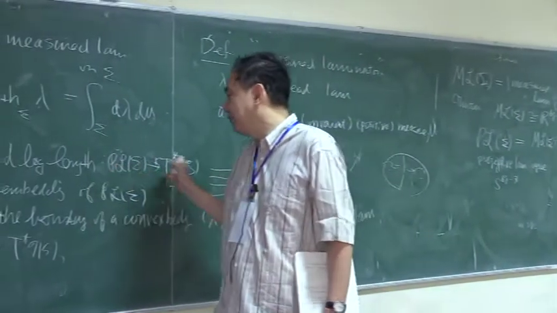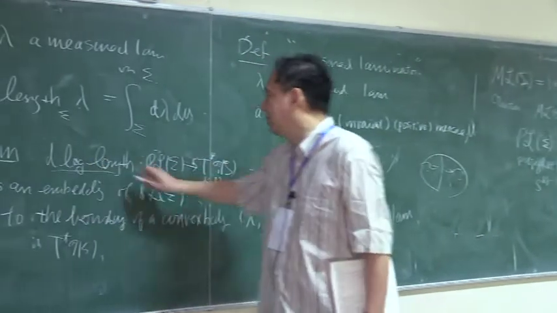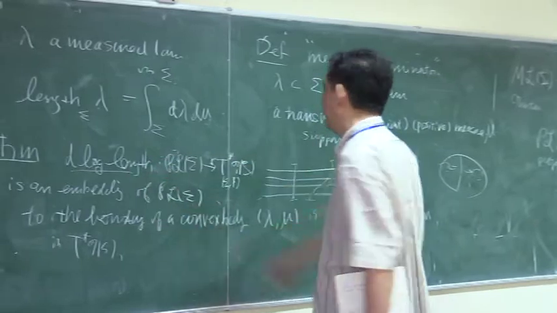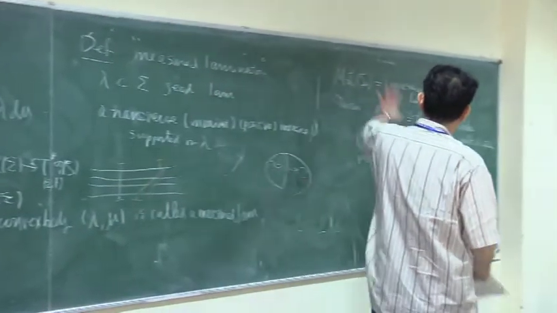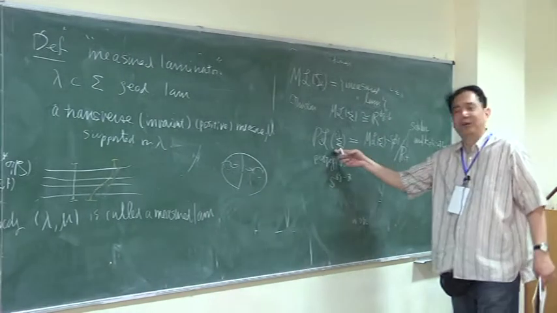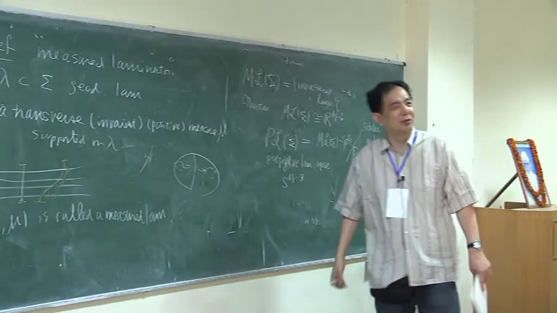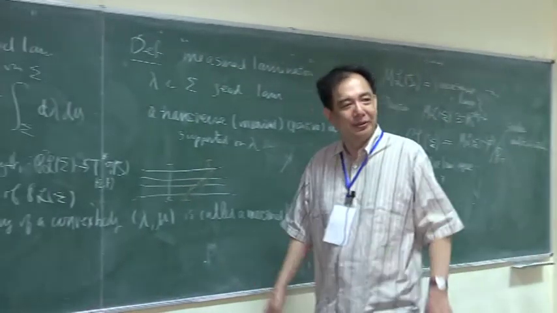And then with respect to that norm, the length function is well defined on the measured lamination space. But the length function is not well defined on the projective lamination space, because you are identifying two scalar multiples.